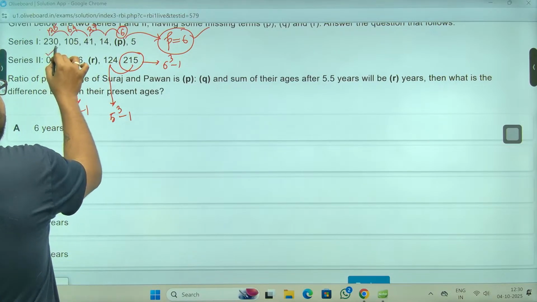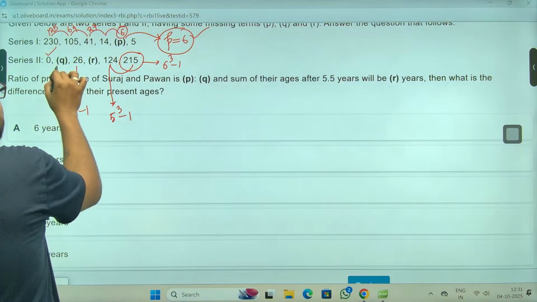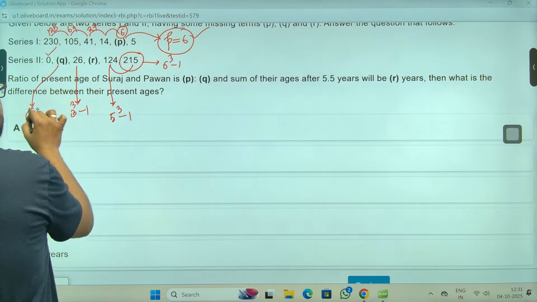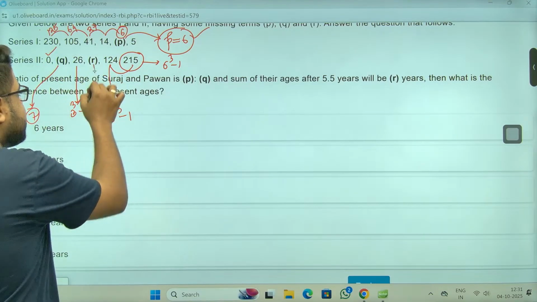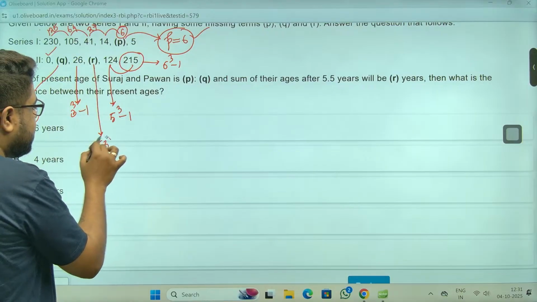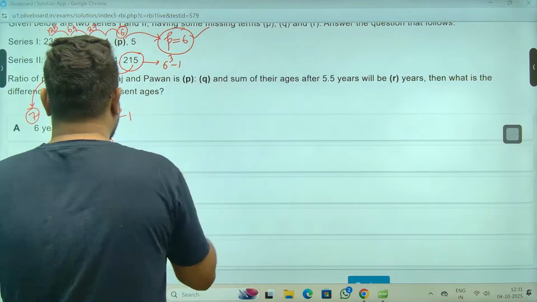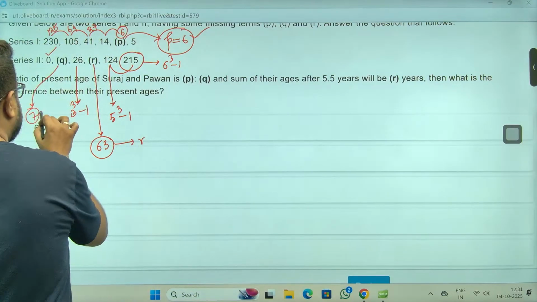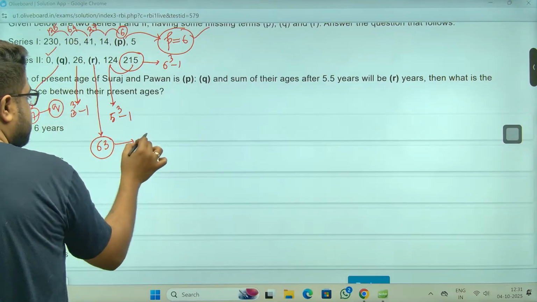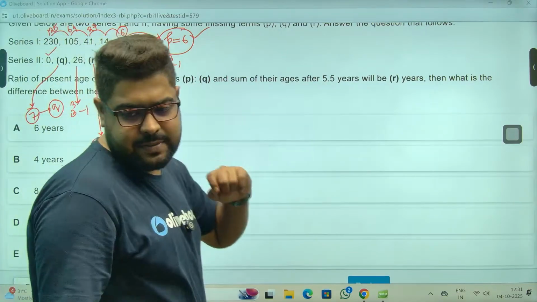So this will be 1 cube minus 1. This has to be 7, sir, 2 cube minus 1. And this has to be 4 cube minus 1. That is 63. So this is R, sir, and this is Q, sir. So we have found P, Q, R as well.